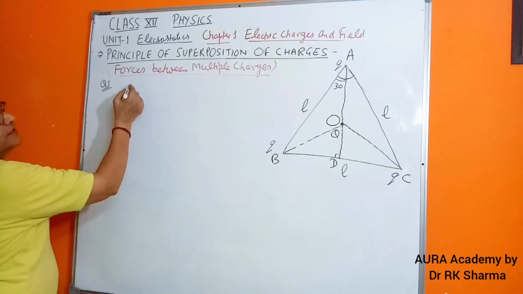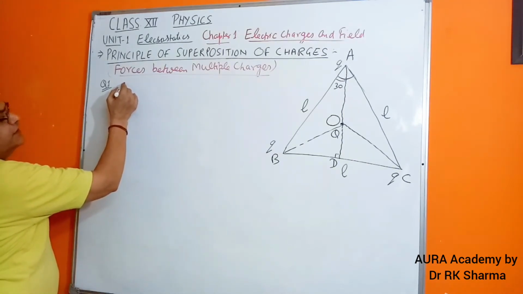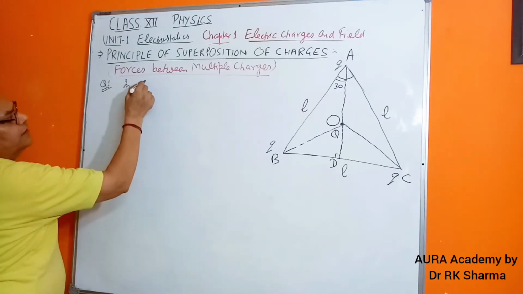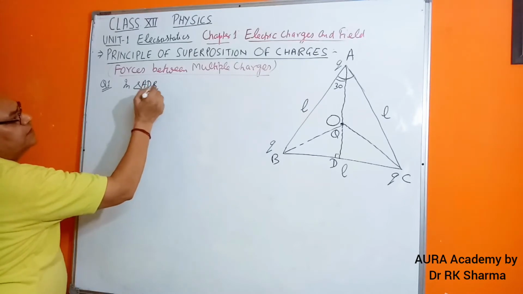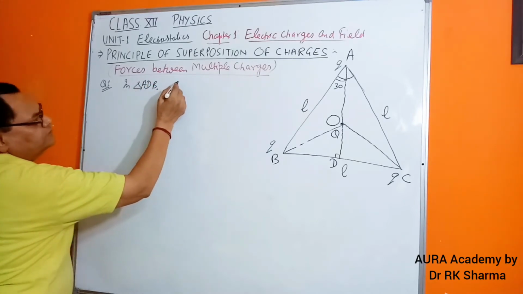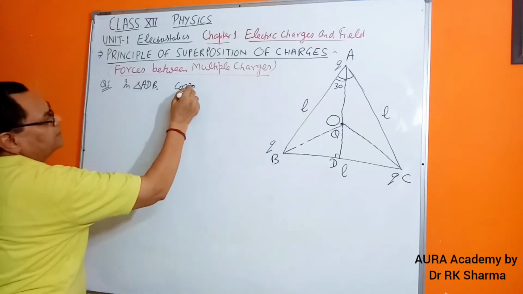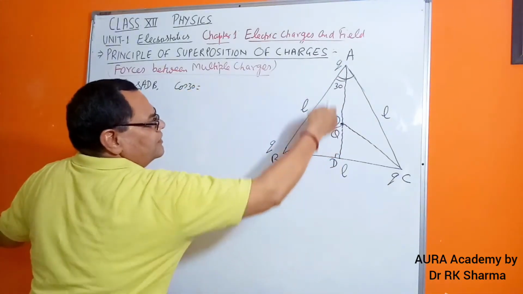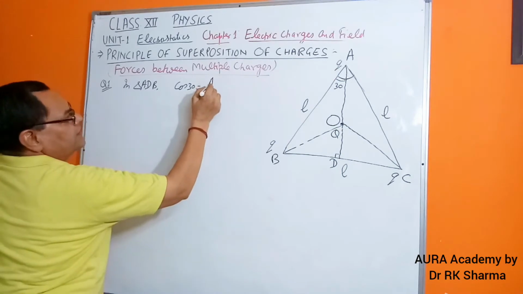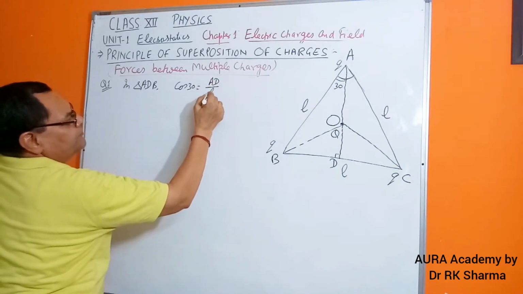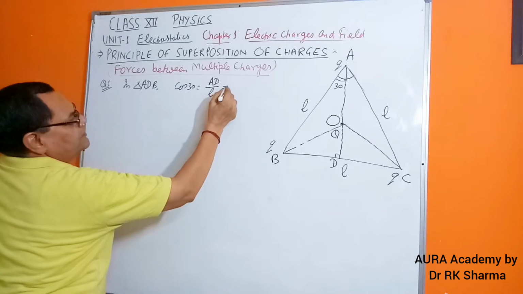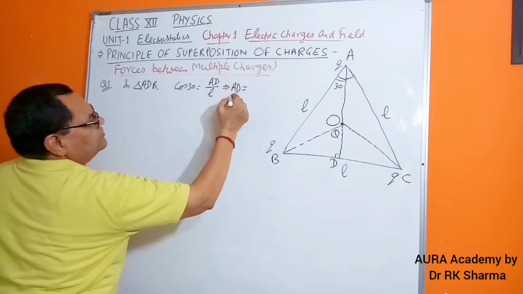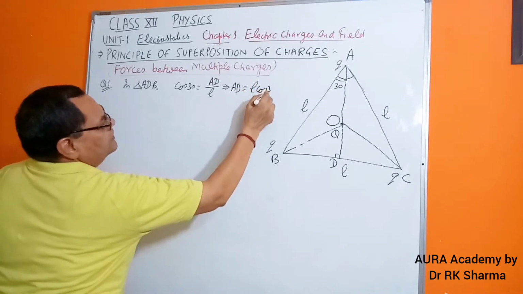So that is how to find AD. In triangle ADB, if you use cos 30, cos 30 will be equal to base upon hypotenuse, that is AD upon hypotenuse L. So from here you will find AD is equal to L cos 30.